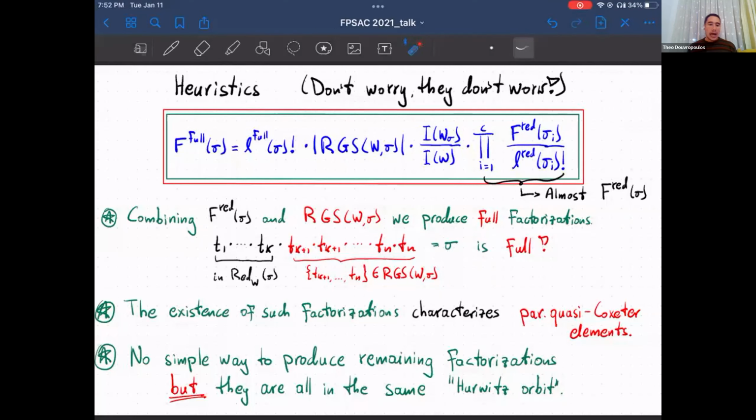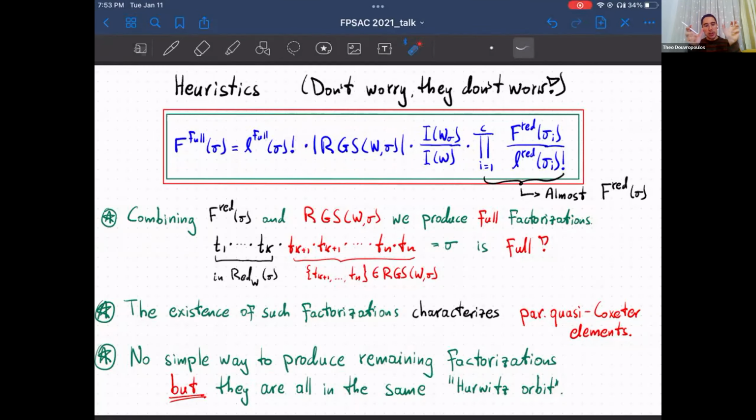I wanted to point out a few heuristics. So I hope Igor, if he's here, is not going to hate me, because these ones do not work. It's not as if I'm trying to sell you anything. I'm just going to point out that there is some compatibility between the combinatorial objects that appear. So here we have something that has to do with reduced factorizations of our element. And here we have something that has to do with completing the necessary reflections to generate the whole group.